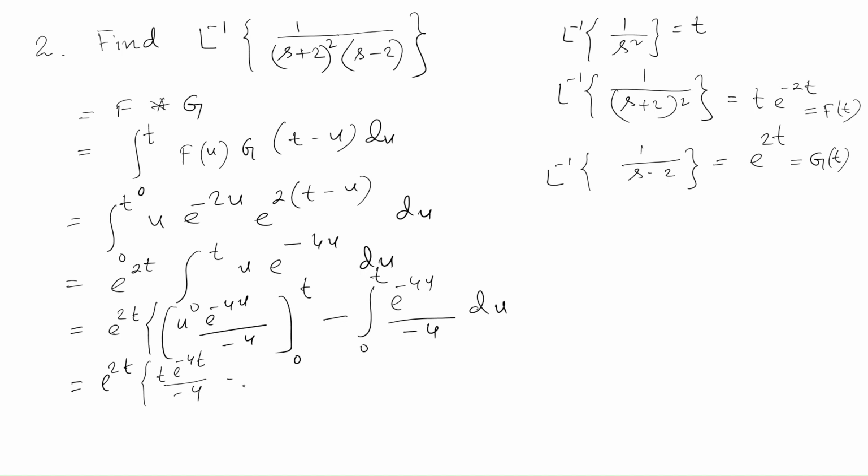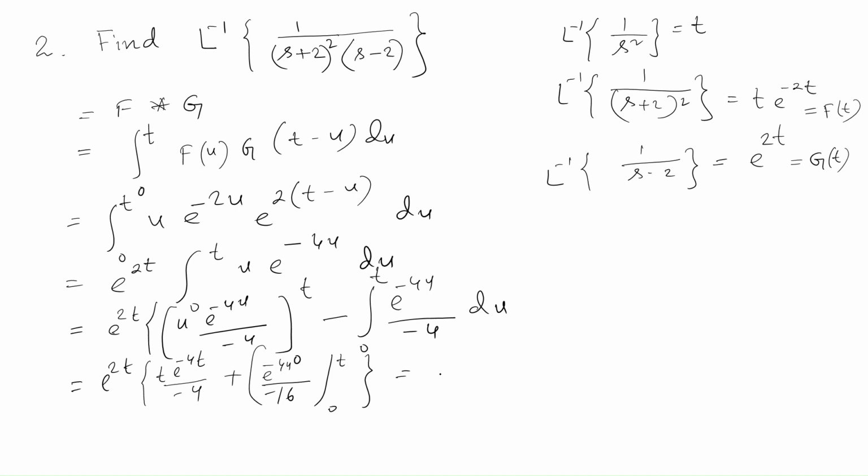Then minus and this minus is plus, and e power minus 4u by 16 from 0 to t.